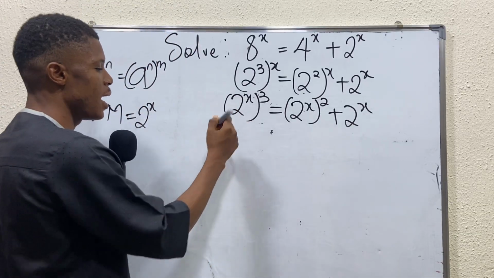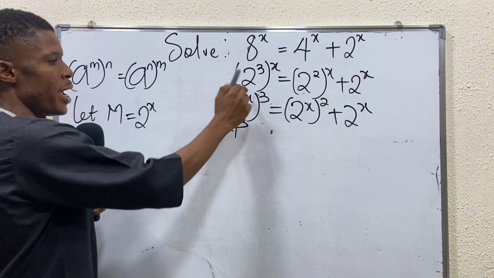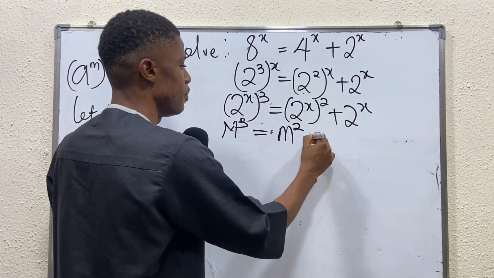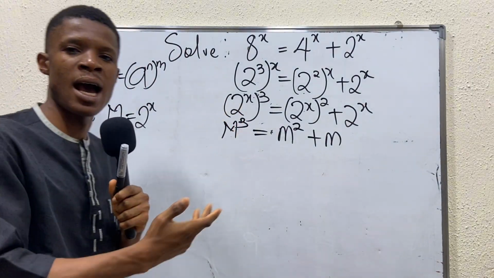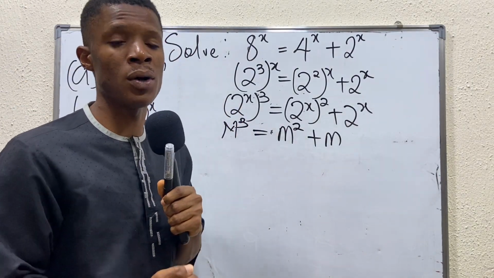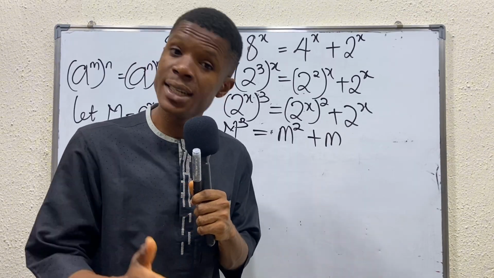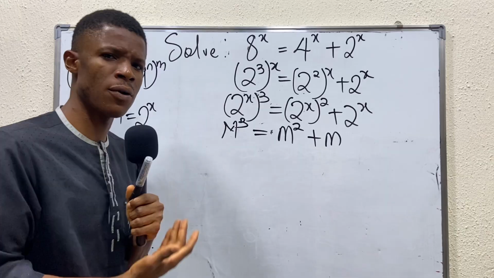Okay, so here I'll write it as m cubed because 2 power x is here, and this is equal to m squared plus m. Good. We are still saying the same thing, but we just write it in terms of m. Then the next thing you have to do is to look at this. This is now a cubic equation.